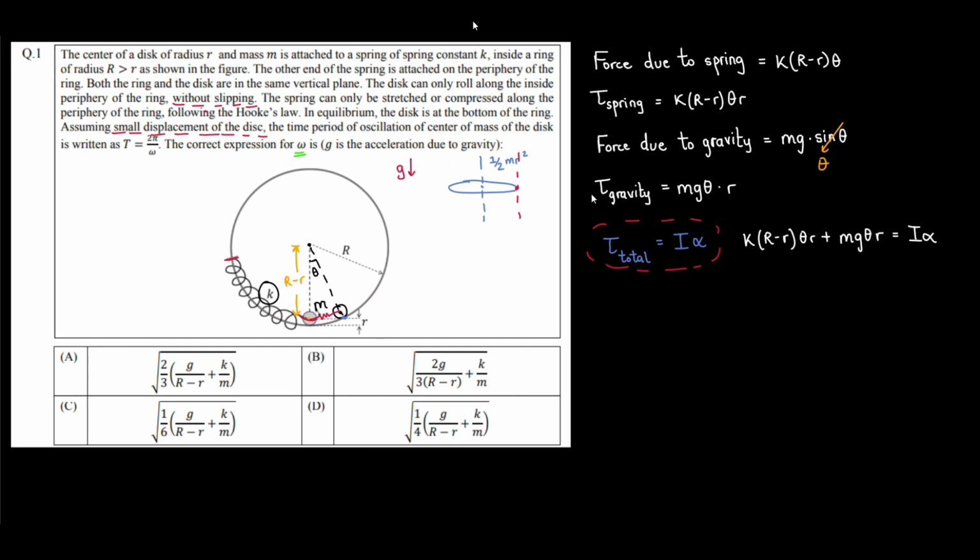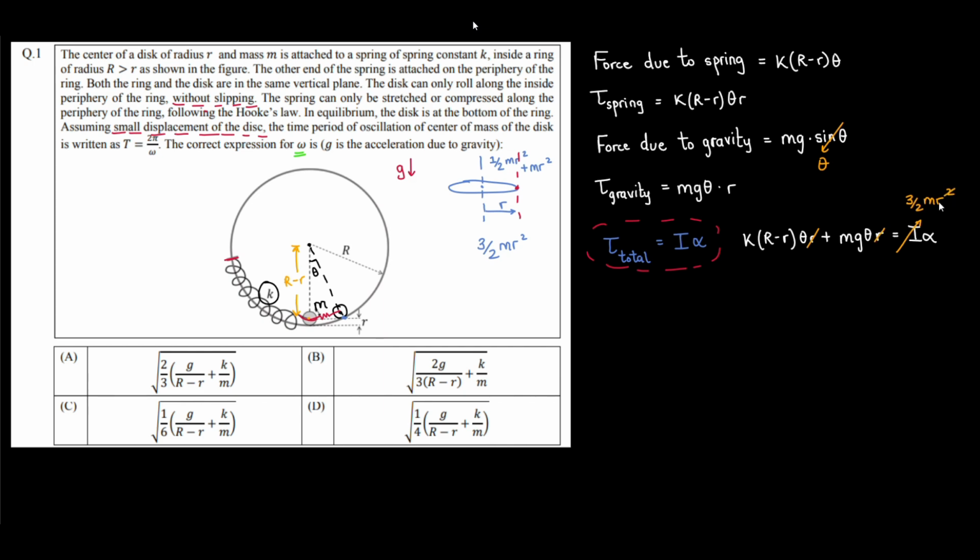So here we are using the parallel axis theorem to shift the axis by a distance of r. So an additional mr square is added to the moment of inertia, resulting in a moment of inertia of 3 by 2 mr square. So here we can replace I as 3 by 2 mr square.